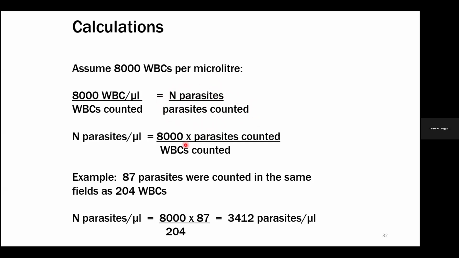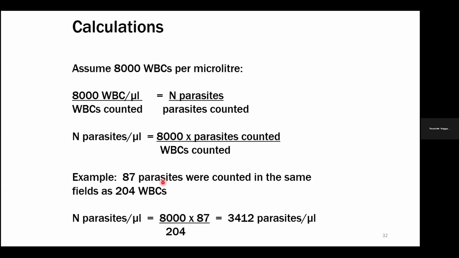We have said the WBC count is the numerator on the left side, and the WBCs we have counted is the denominator on the left. The parasites per microliter, the parasite density we want, is the numerator here, and the parasites counted is here. Or our parasite density is equal to WBC count times parasites counted divided by the WBCs counted.